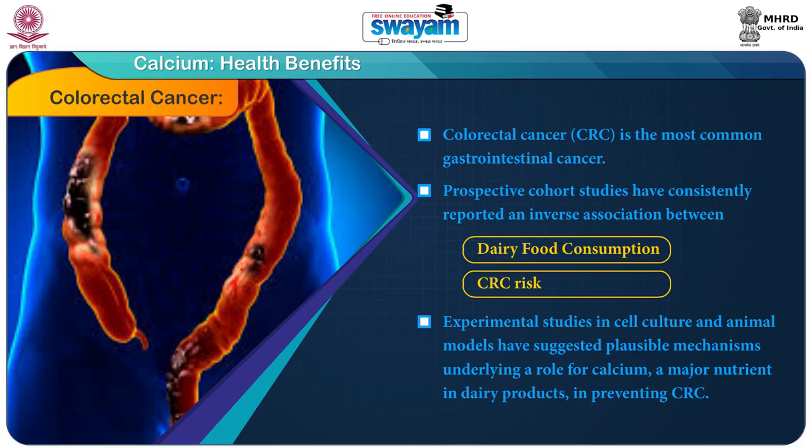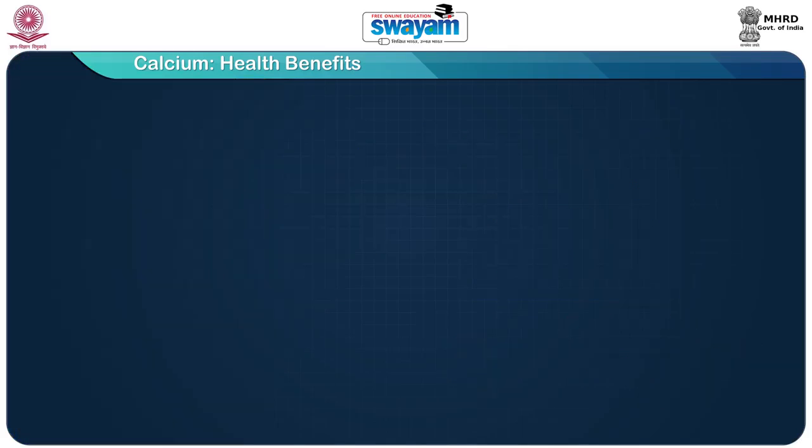Experimental studies in cell culture as well as in animal models have suggested plausible mechanisms underlying a role for calcium, which is a major nutrient in dairy products and which helps in preventing the risk of colorectal cancer.